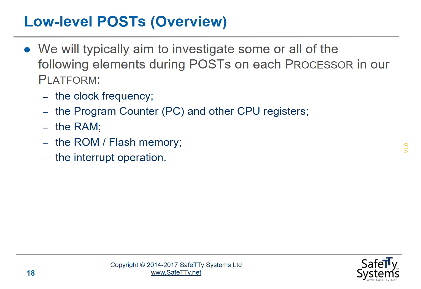We will typically aim to investigate some or all of the following elements during power on self-tests on each processor in our platform: the clock frequency, the program counter and other CPU registers, the RAM, the ROM or flash memory, and the interrupt operation.